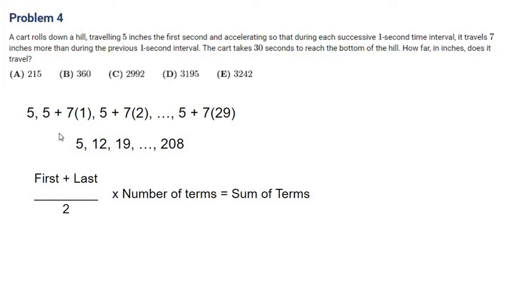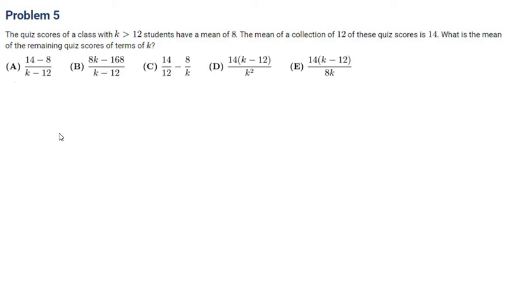So now you can see that 5 plus 208, the first and last terms of the sequence, divided by 2 times 30 will give us 3,195. Therefore, our answer is D, 3,195.